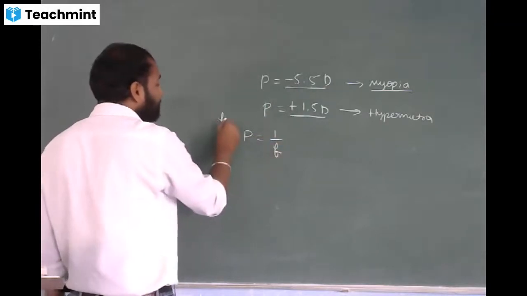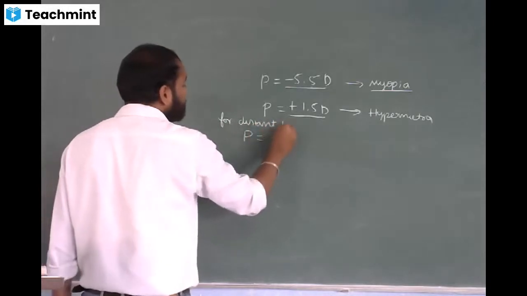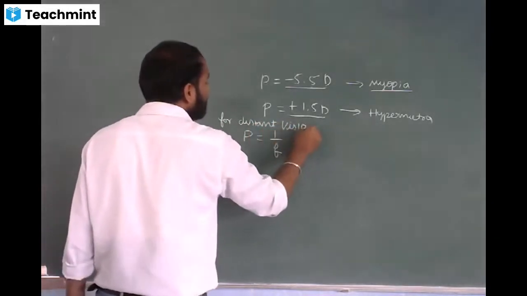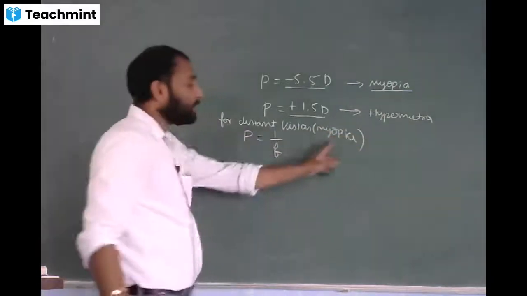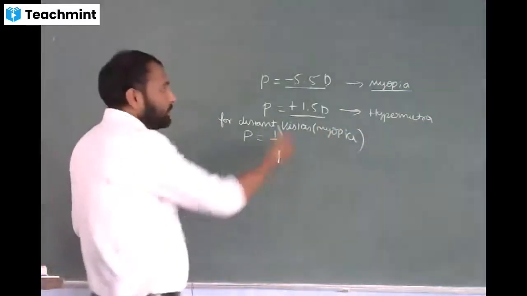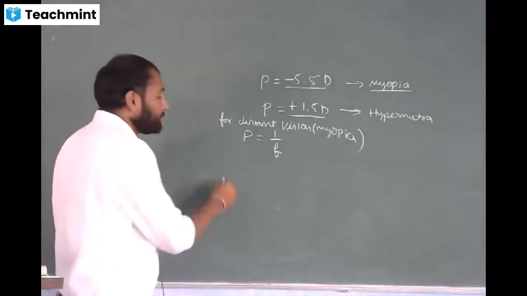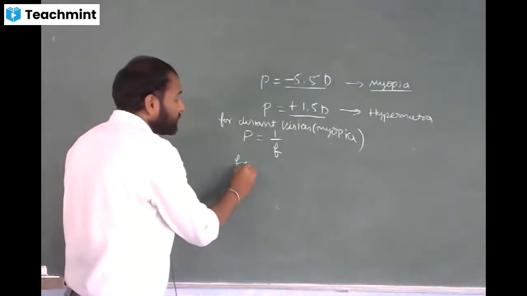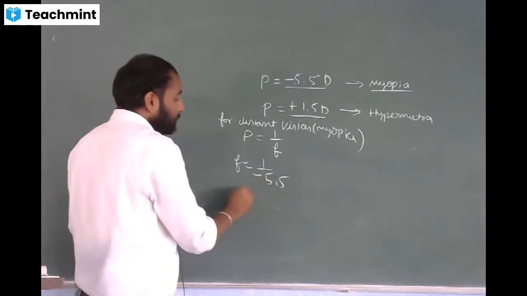First condition, for distant vision, he is suffering from myopia. The negative sign itself indicates we are using a concave lens. So focal length is equal to 1 divided by minus 5.5.